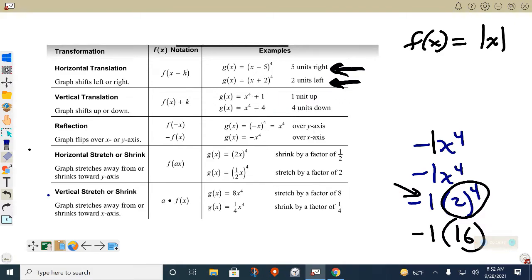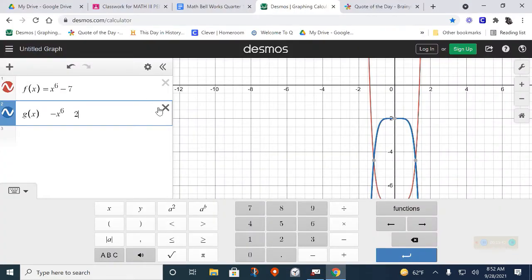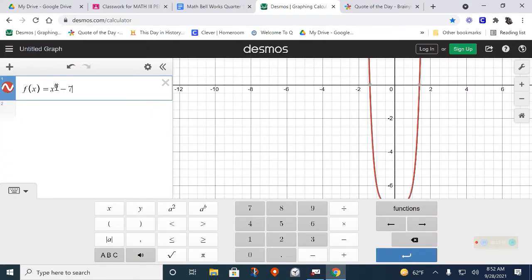I want to just give you a better graph. I just want to talk about this reflection business. So, watch me graph this really quick. Let's make parentheses x.